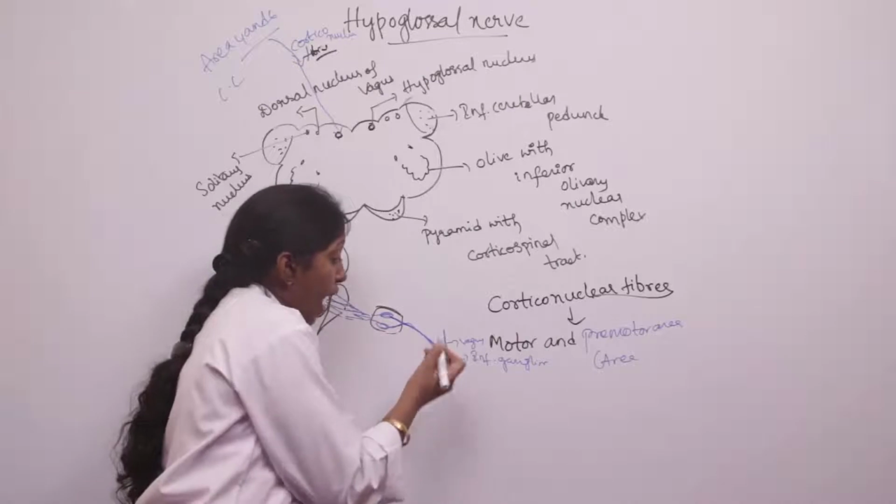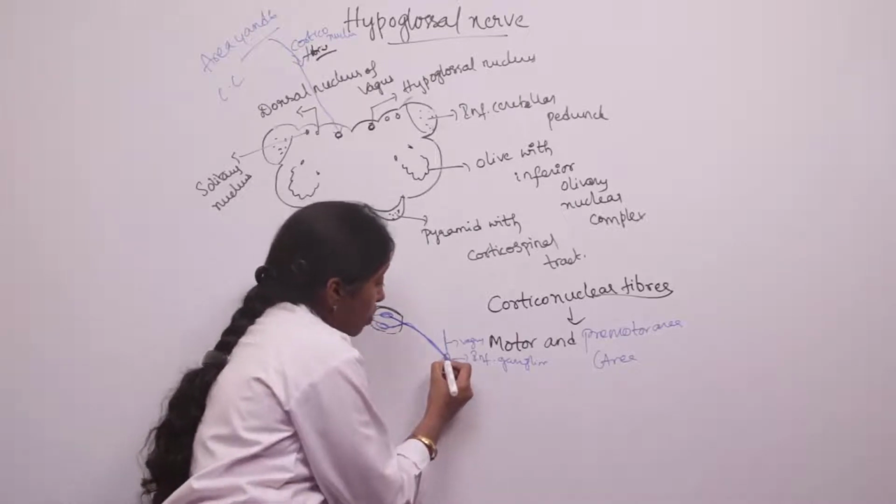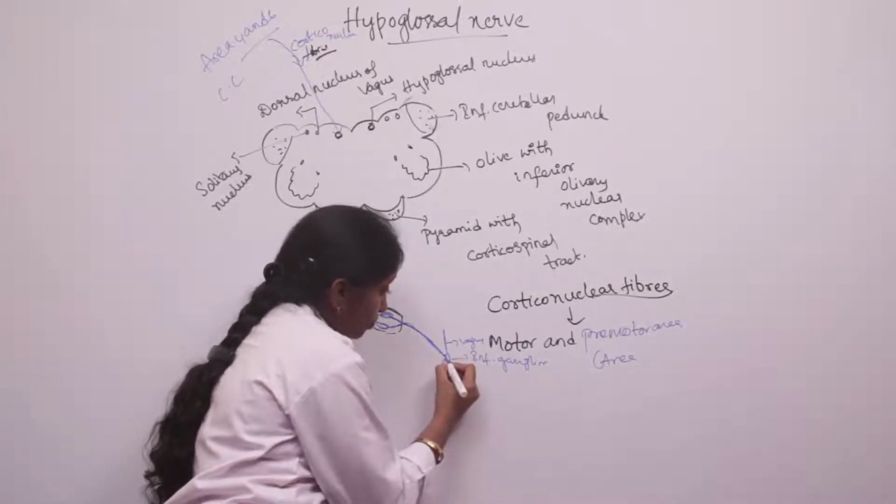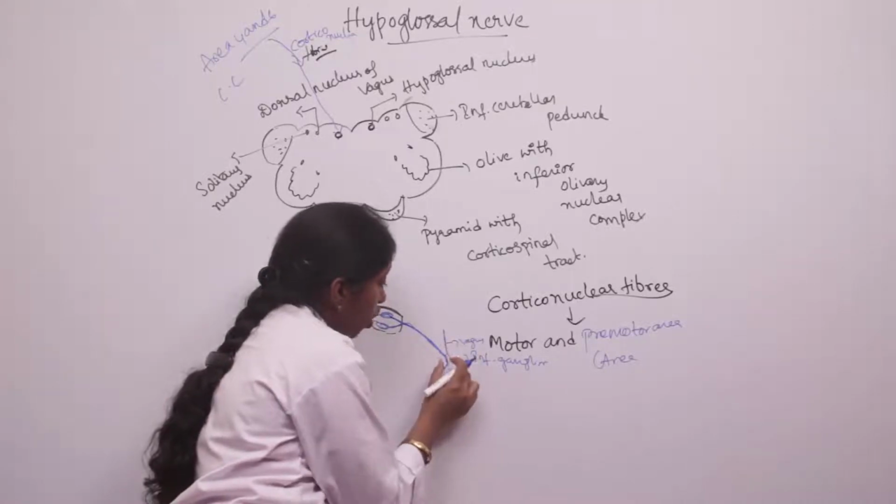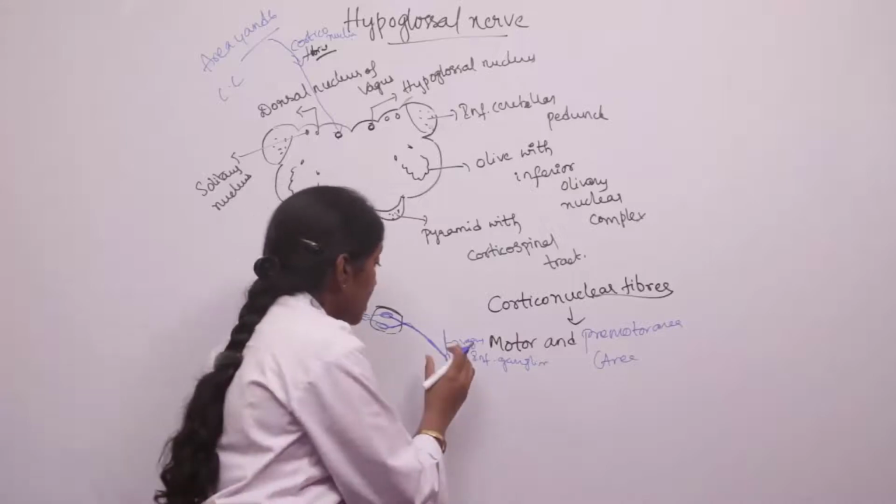And now what happens here is it makes a half spiral turn over the inferior ganglion of the vagus, and it is in contact with the vagus by connective tissue.